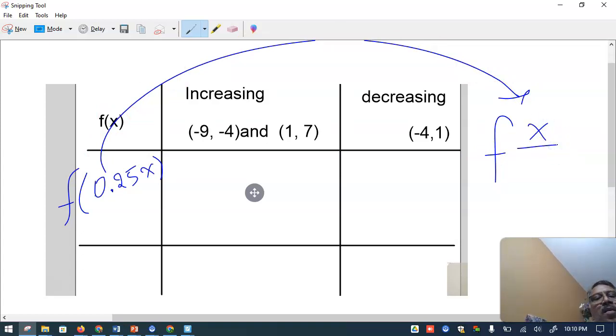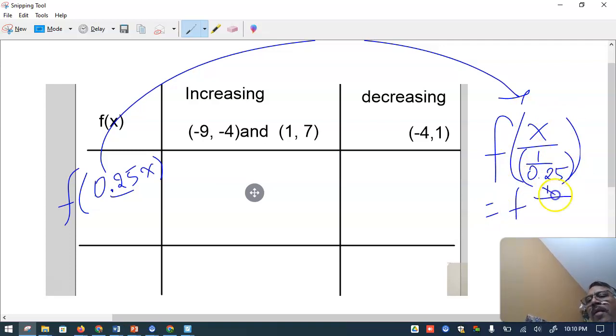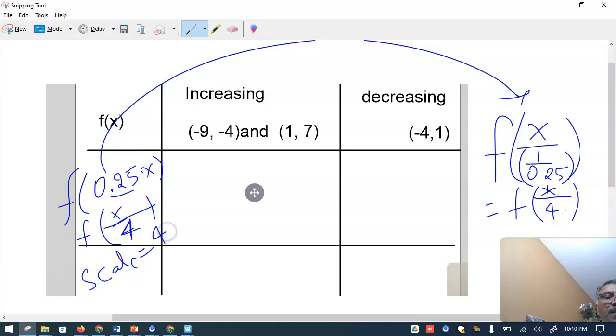Divide by this 0.25. I can write it as 1 over 0.25, so f of x over 4. That's it. So that's the 4. You could directly write this as f of x over 4. So the scale factor is 4.